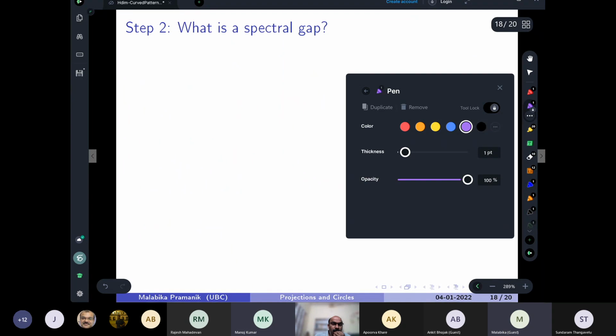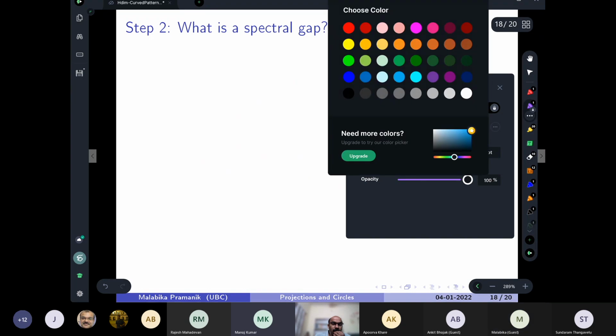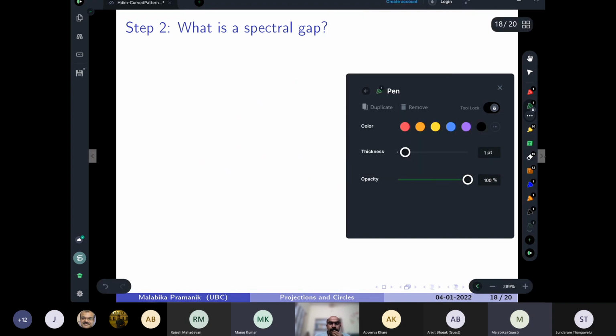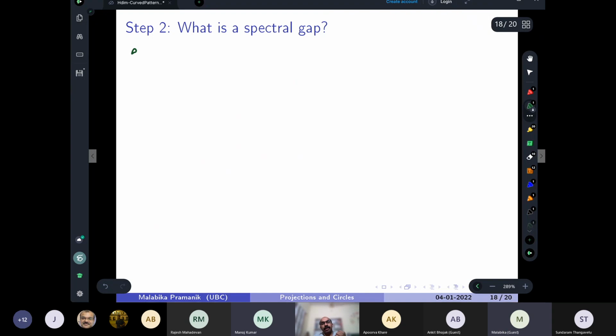Okay, so let's recall that the Hausdorff dimension of K is less than 2.